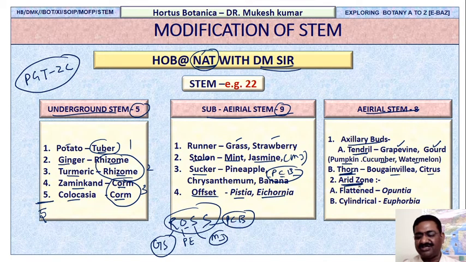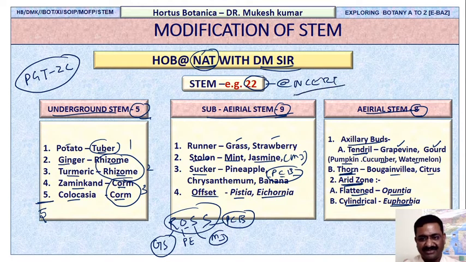Yes, desert conditions will be there, and in this condition the stem may become flattened, as in the case of Opuntia, or cylindrical, as in the case of Euphorbia. So in total we have 8 examples. So add them: 5 plus 9 plus 8, in total we have 22 examples according to your NCERT. So just learn all these 22 examples of stem in a nutshell.